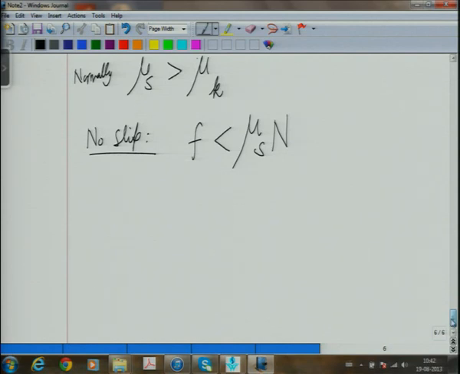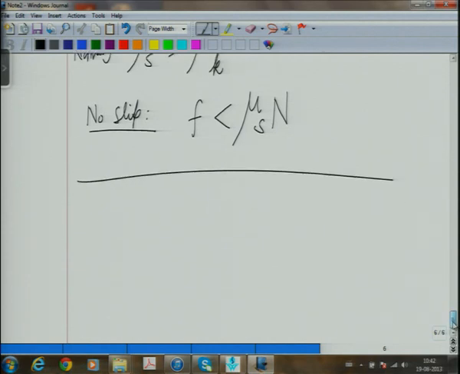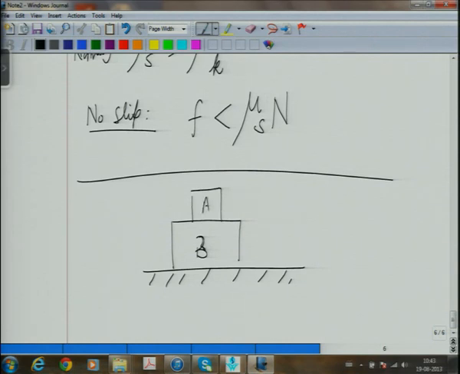I will use some very simple examples in today's class, and next class maybe I will take more examples. Let us take a block B, and we have a block A which is lying on top of this.